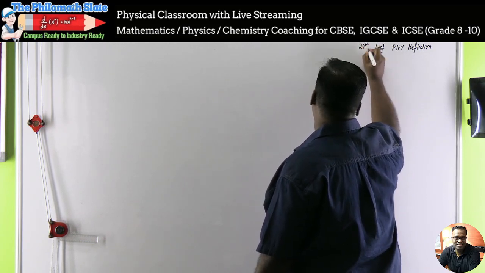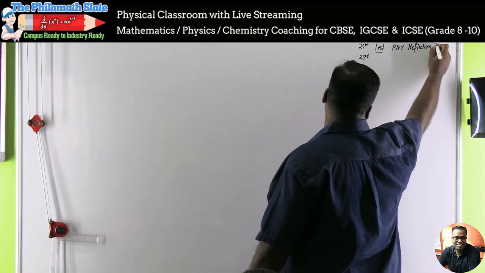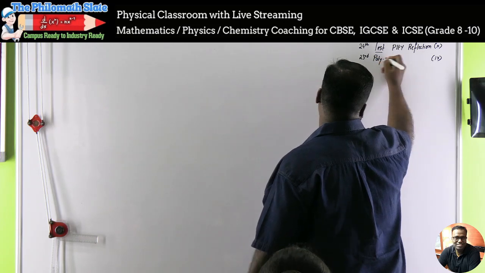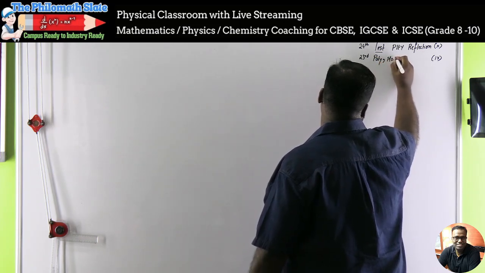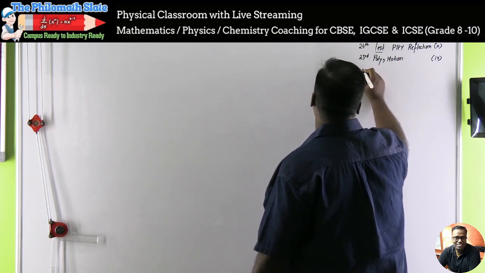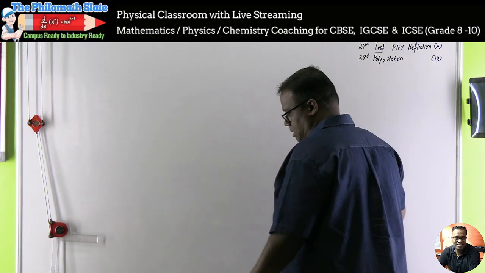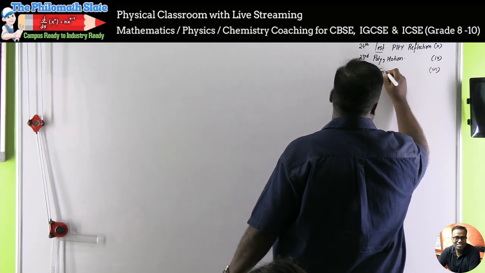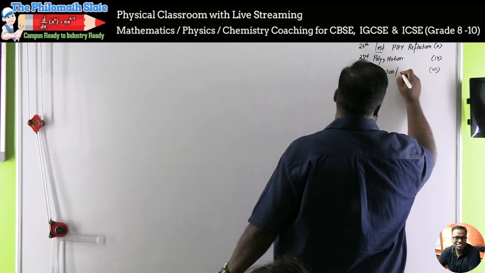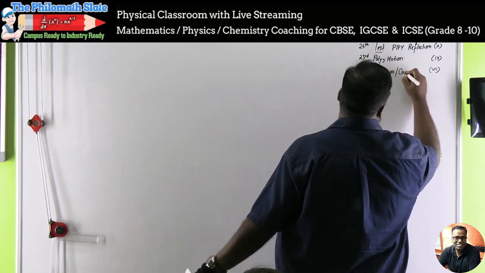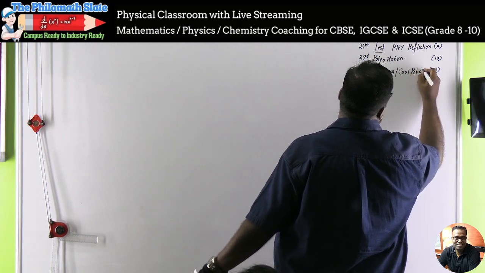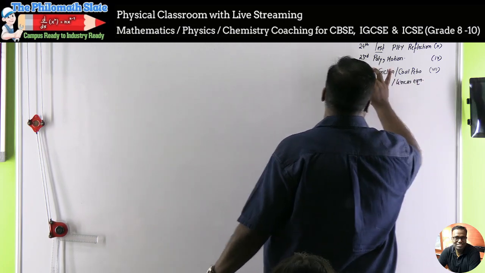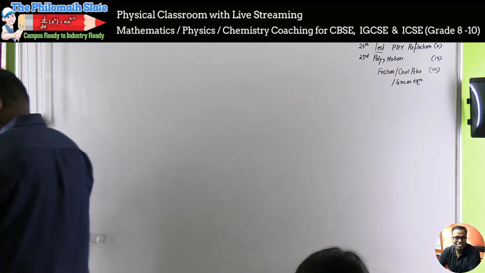Yeah, sir. 24th. 23rd, this is grade 10. 23rd is grade 9. उसका क्या क्या था? Polynomial and motion. And these people also have a test. Grade 8. Grade 8 test is friction and coal, petro and linear equation. I just need to confirm this date. Okay.